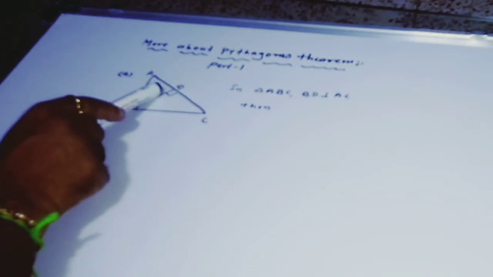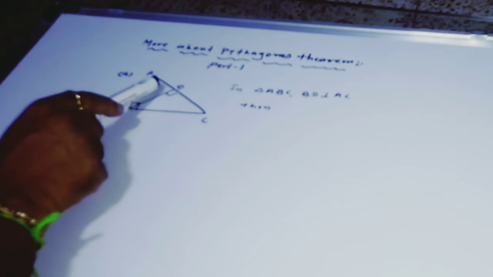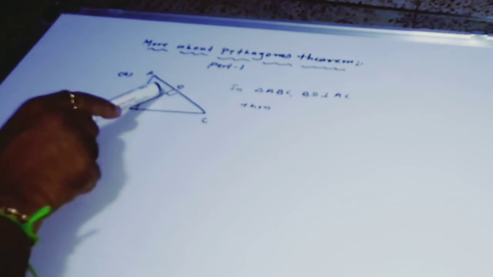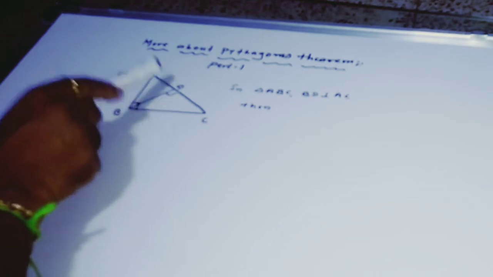It is an altitude. What is an altitude? It is a perpendicular distance.